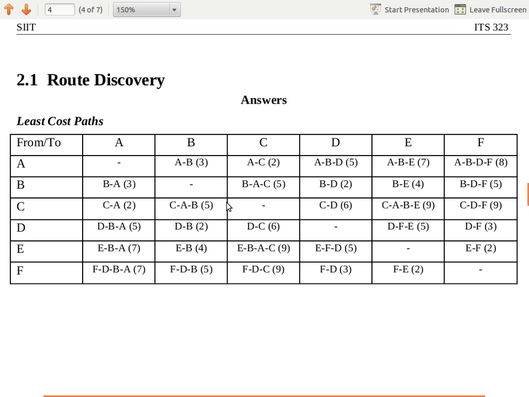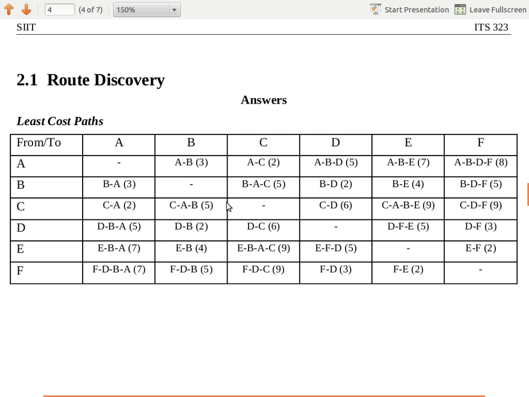The least cost path from A to F is ABDF, and it has a cost of 8. Therefore, when router A has a datagram destined to someone that router F is attached to, it will send to B. When B receives it, it will send to D, and D will send to F.